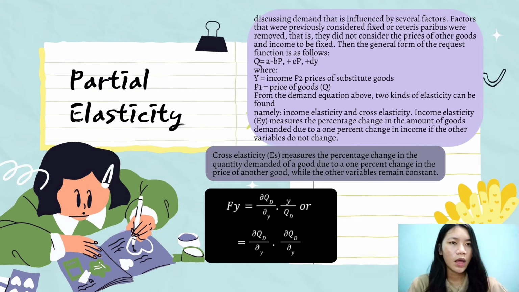Mathematically written, Ey equals partial Q over partial Y times Y over Q. Cross elasticity, Es, measures the percentage change in the quantity demanded of a good due to a 1% change in the price of another good, while the other variables remain constant.